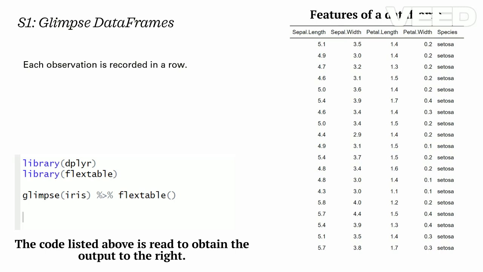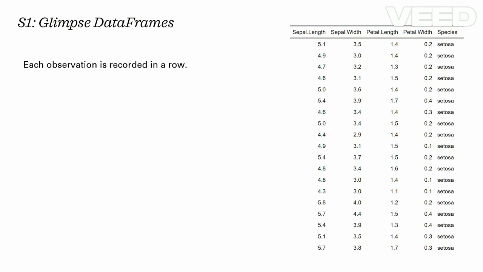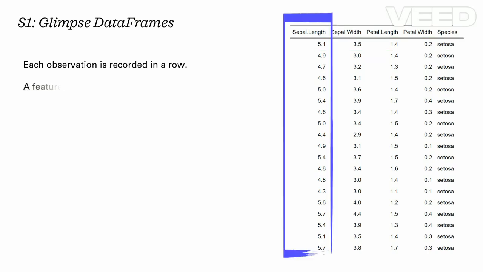Each observation is recorded in a row. For instance, the first row is a measurement whose sepal length is 5.1, whose sepal width is 3.5, whose petal length is 1.4, and whose petal width is 0.2. The species is Setosa.